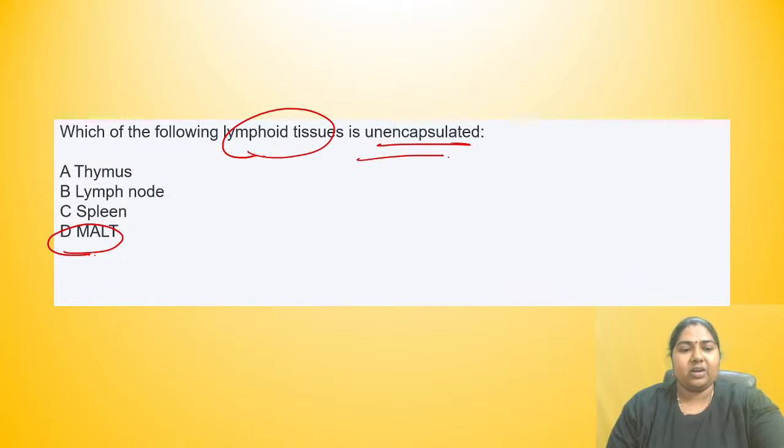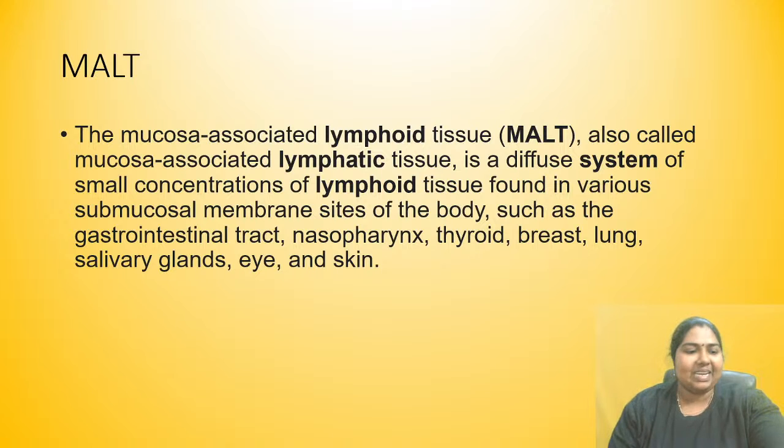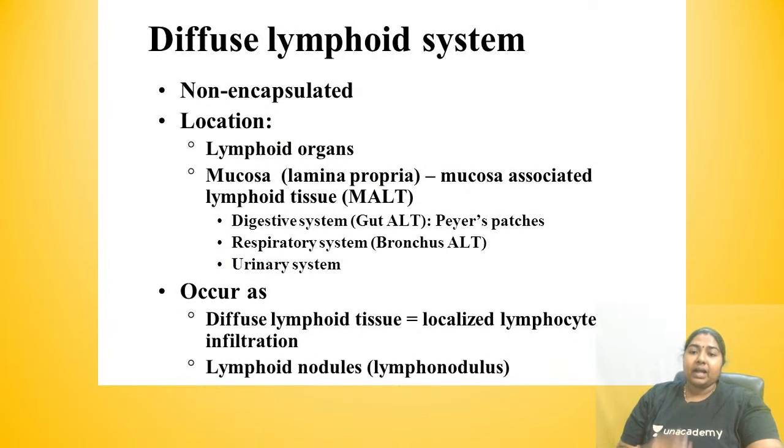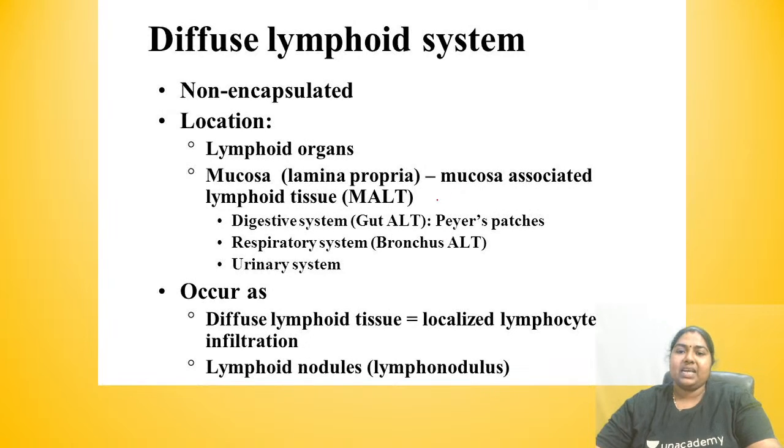So MALT is the unencapsulated lymphoid tissue. This includes the mucosa associated lymphoid tissue, that is MALT. Peyer's patch is digestive system associated, and respiratory associated is the bronchus associated BALT.